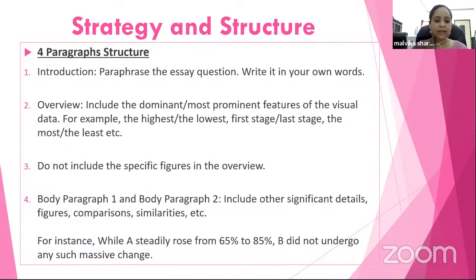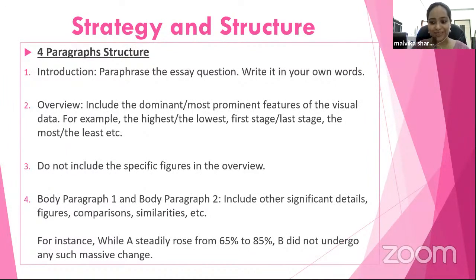Okay? Now, when I say we talk about the highest and the lowest and other dominant things, please keep in mind, guys, the figures, the data like 4%, 45%, 9%, all these percentage figures and everything, don't try to involve these specific figures in the overview. All right?